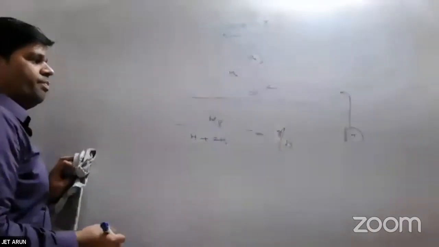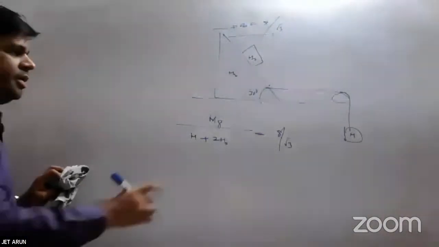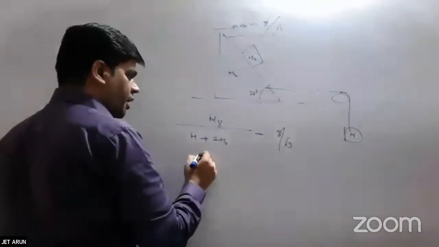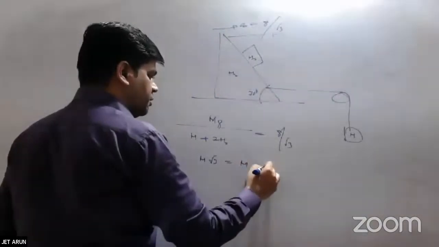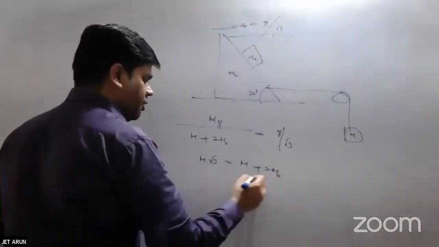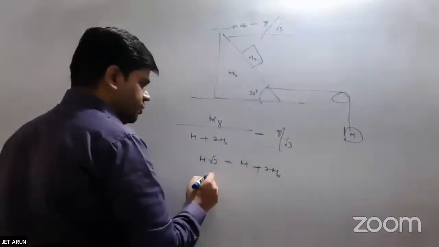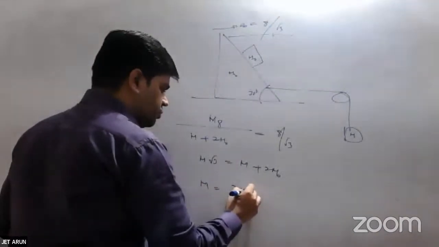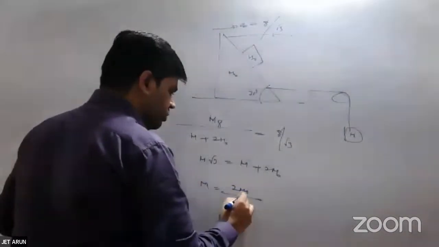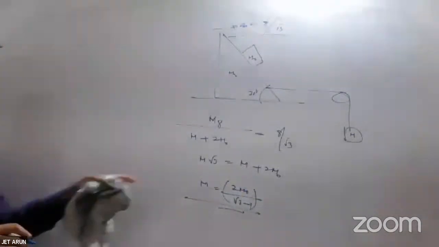What did I get from here? Alright, I think I did a mistake last time. I've got m into root 3 is equal to m plus 2m naught, right? So I've got m is equal to 2m naught by root 3 minus 1. Right? I did something wrong last time.